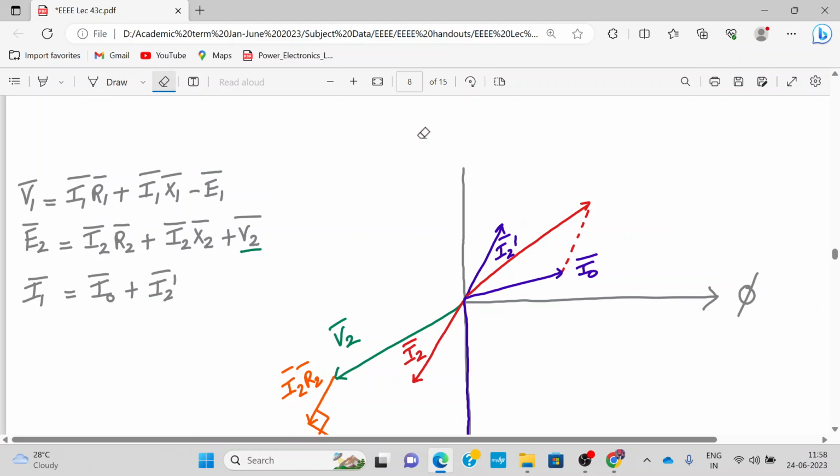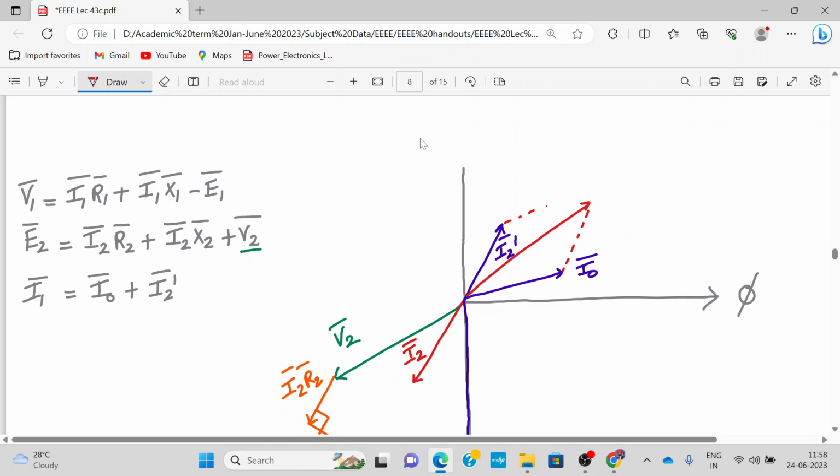So primary current I1 will be the vector sum of I0 plus I2 dash bar. So this is your I1 bar.